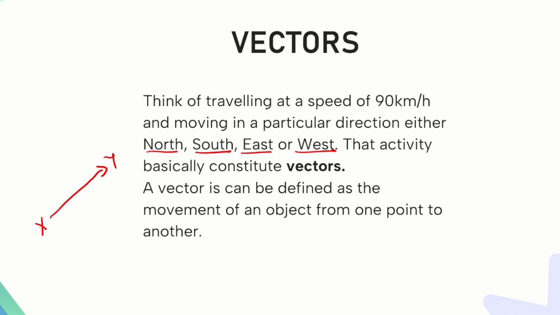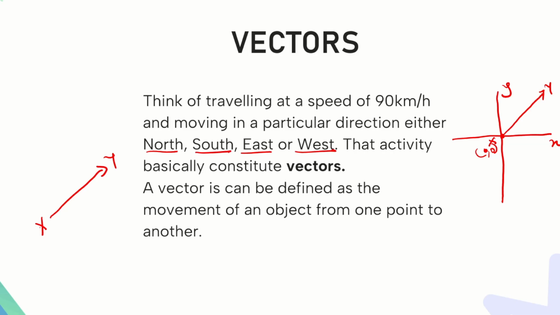We can also consider vectors in a Cartesian plane. We know our Cartesian plane consists of our x coordinates and our y coordinates. When we have our x and y coordinates, we can see that the vector can move from the origin, which is 0, 0. Let this point be x, and then it moves in this direction towards y.